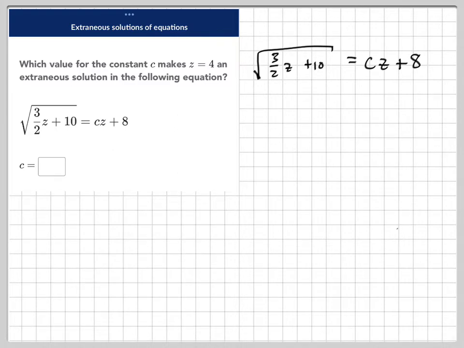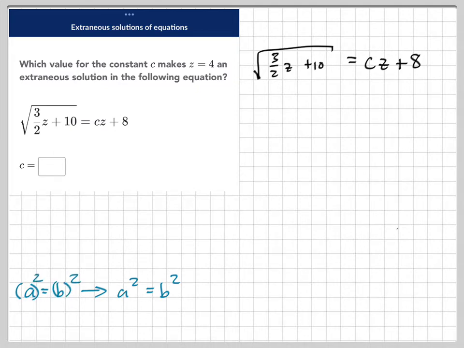Why they're making this problem, I don't know. When you have two numbers that equal each other and you square both sides, you get a squared equals b squared. Like this statement right here would be true. If you square both sides of the equation, it will hold true.